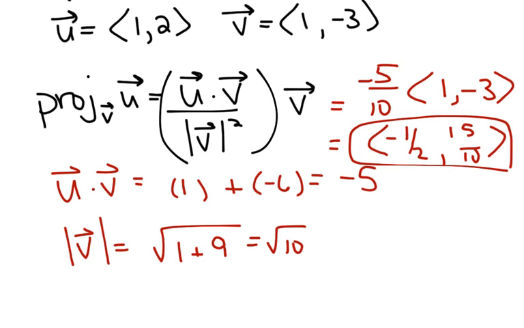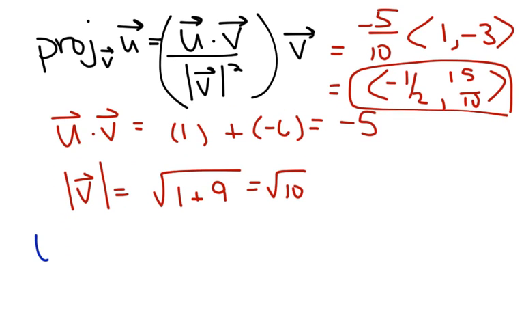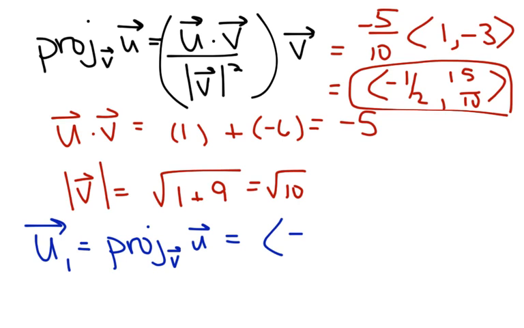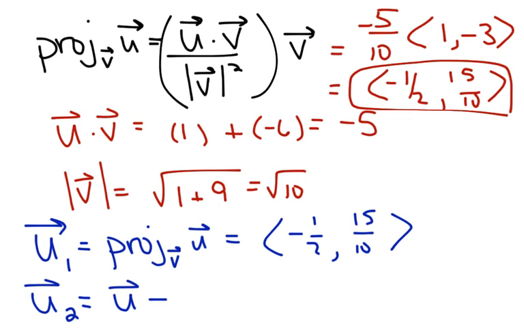If I want to break that into components, u1 is always the projection of u on v. So we found out that that was negative 1/2, comma, 15 over 10. u2 is vector u minus the projection of u on v.